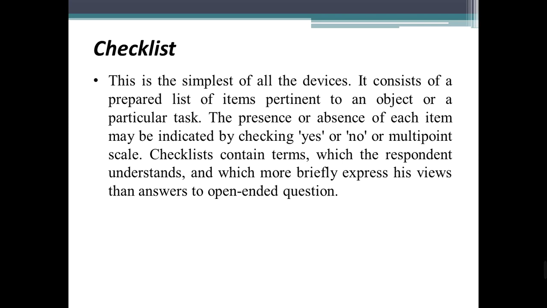It consists of a prepared list of items pertinent to an object or a particular task. The presence or absence of each item may be indicated by checking yes or no or a multi-point scale.